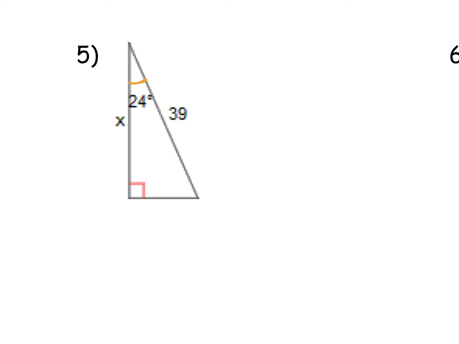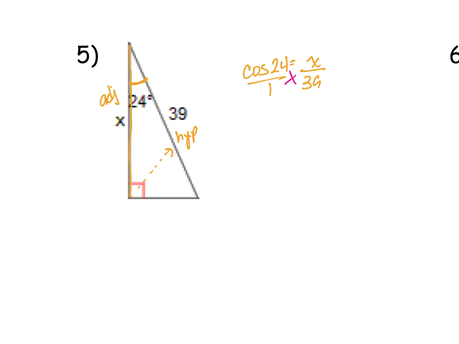Okay, so here's my angle. Here's my hypotenuse, and this is my side adjacent, which means I'm going to use cosine. Cosine of 24 is going to equal x over 39.